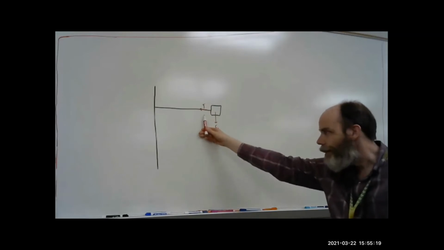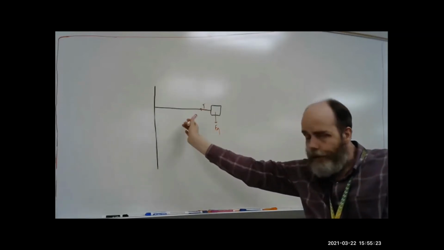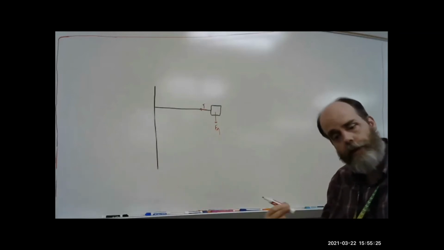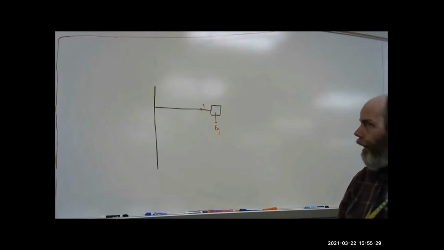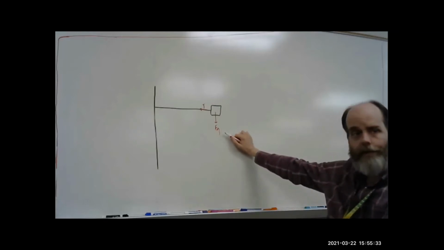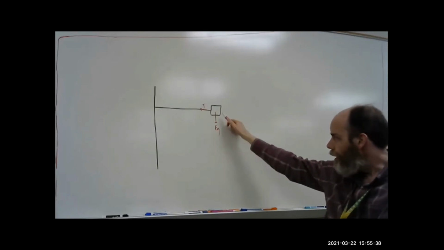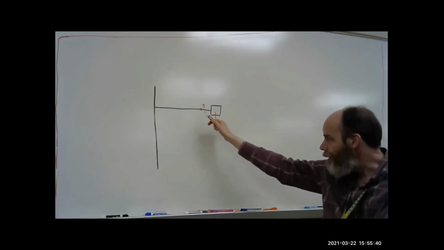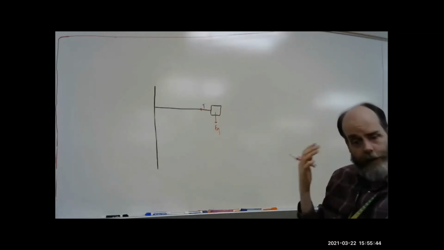The tension is not going to have an external torque because it goes right towards the axis of rotation, so it does not make a torque. But the force of gravity does have a torque. There's an external torque with the force of gravity because it's at 90 degrees with the radius vector.